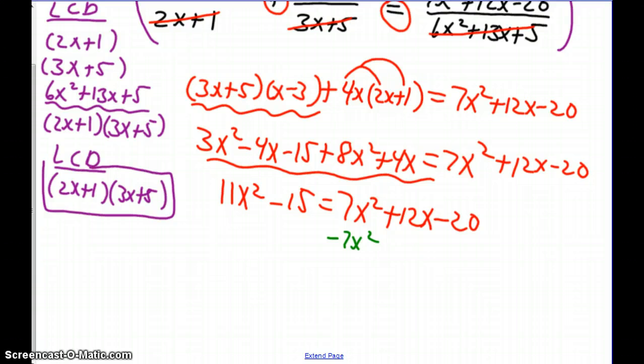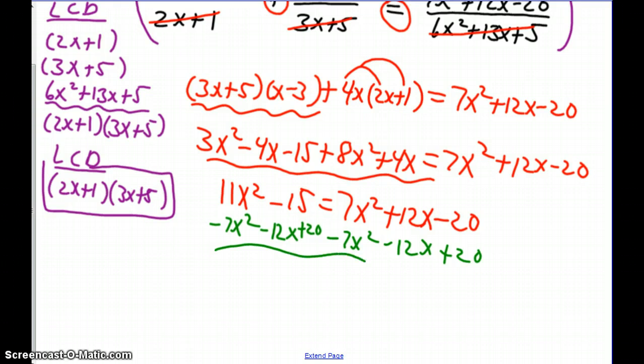Subtract 7x squared, subtract 12x, add 20 on both sides. You get 0 equals 4x squared minus 12x plus 5.